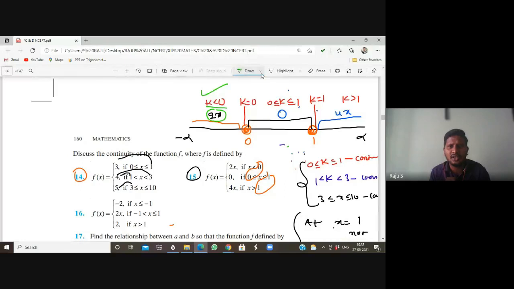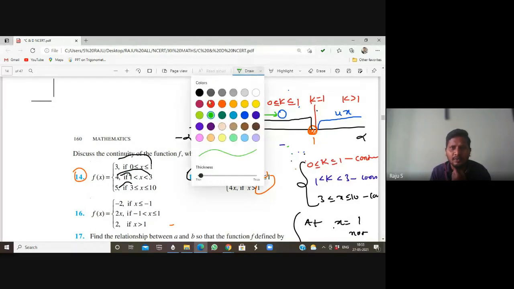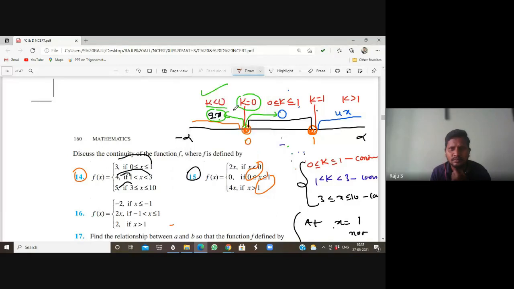Next, let us check k is equal to 0. At k equal to 0, there are two conditions: this is the left side value, this is the right side value. Left side value means substitute 0 here. Left hand continuity at 0: 2 into 0 is 0.